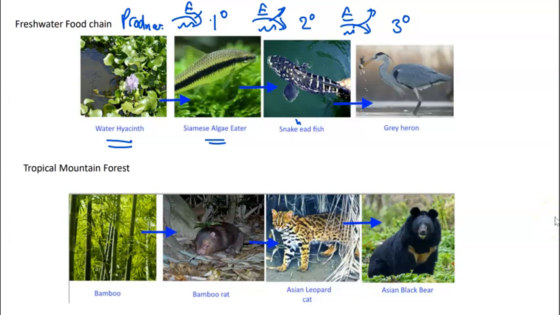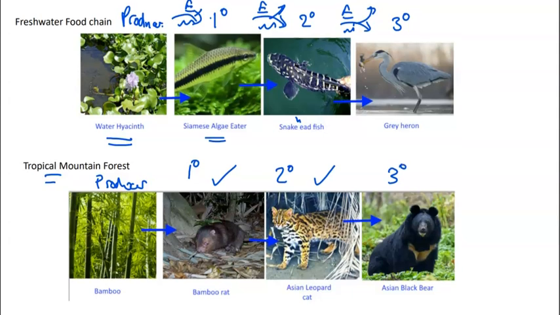And of course, this example here, the tropical mountain forest, our producer is the bamboo, so that's our producer doing the photosynthesis, trapping the light energy from the sun, consumed by the bamboo rat, in turn by the Asian leopard cat, making this the primary consumer, the secondary consumer, and the Asian black bear, in principle, can catch the leopard cat, making it a tertiary consumer.